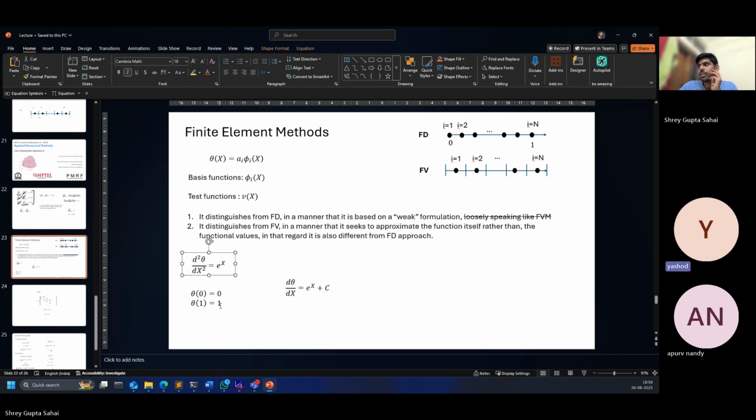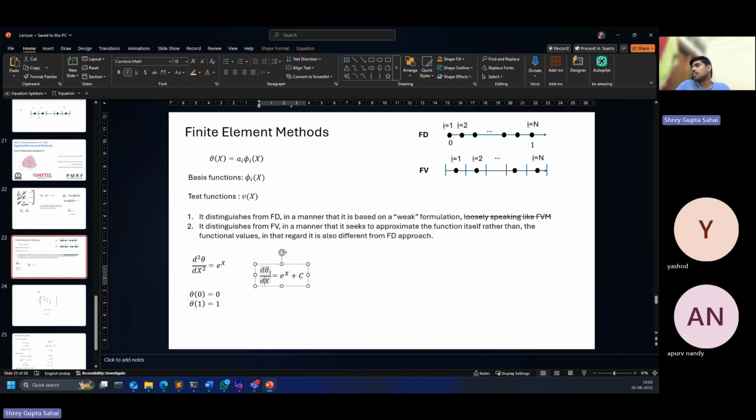I'm able to catch what you're trying to describe. But you already knew it, or you're able to absorb it? I know a little bit of the concept of weak formulation and all, in regard to finite element. Okay.